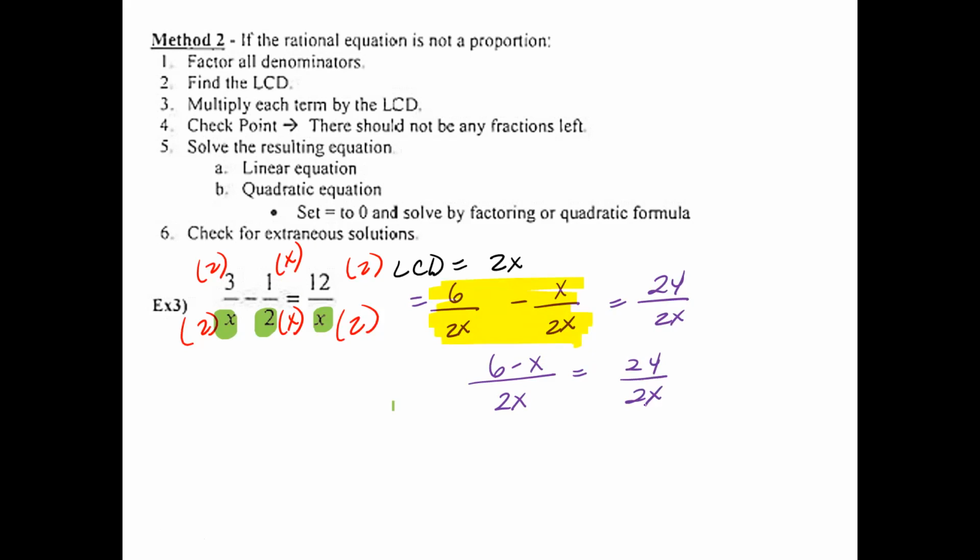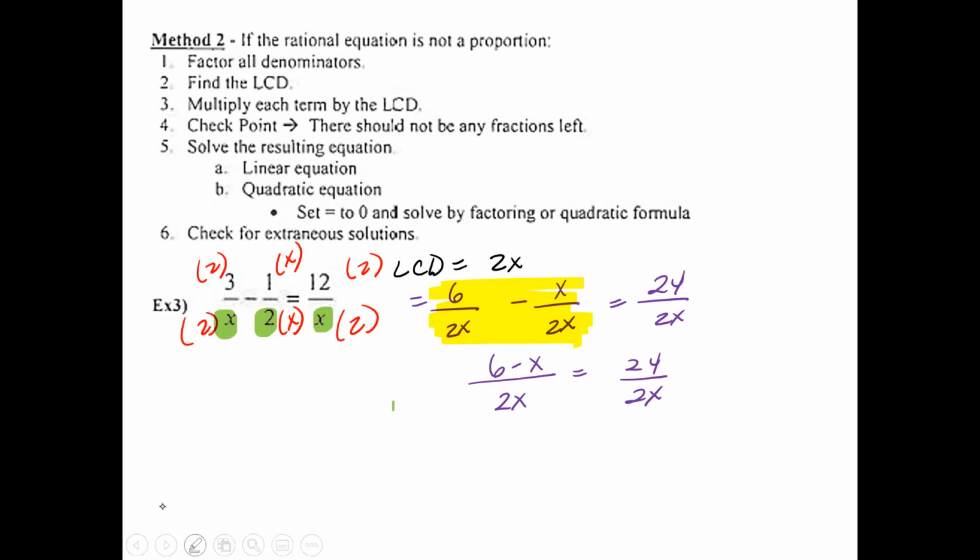Now, doesn't that just look like the last example, where you have one fraction on the left side and another fraction on the right side? So what do we do in that situation? We cross multiply.